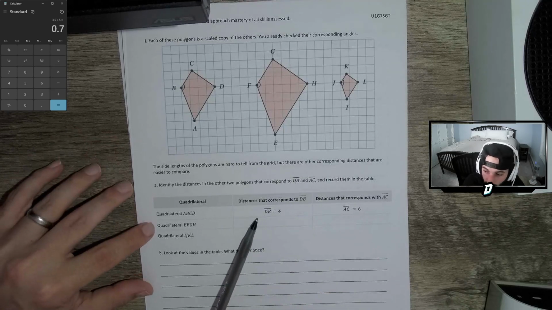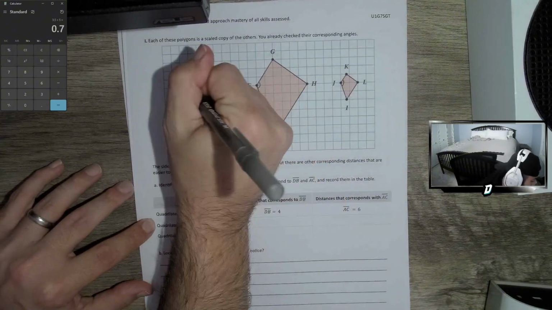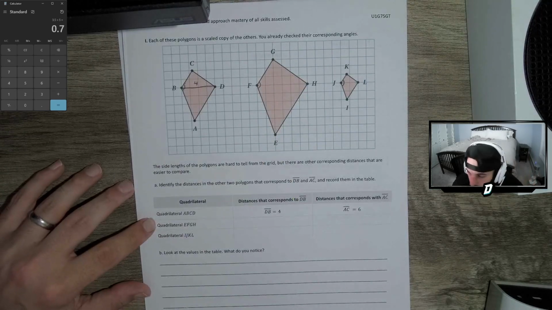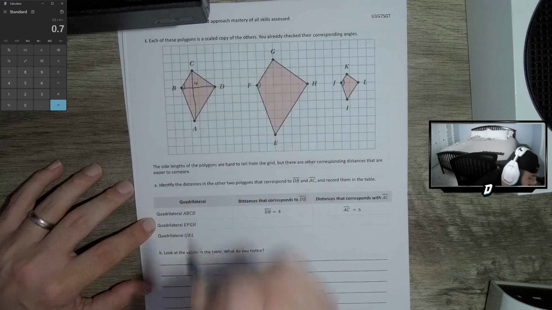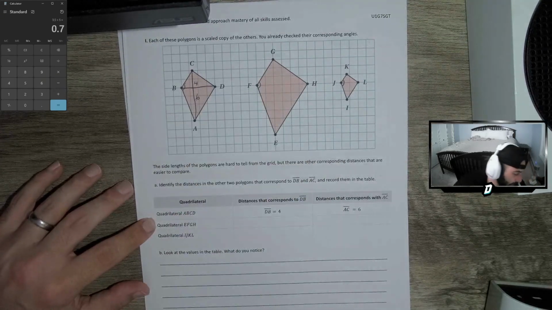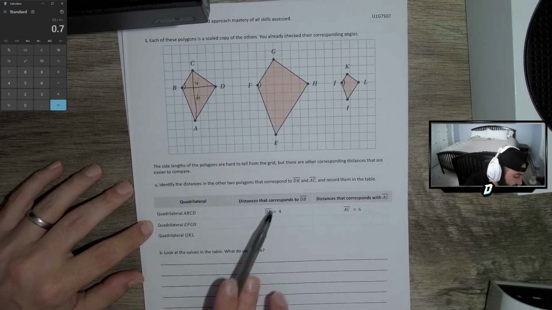So here we're told on our original quadrilateral that segment DB is 4 units. And then the vertical line AC is going to be 6 units. And so now what we want to do is find the corresponding segment.